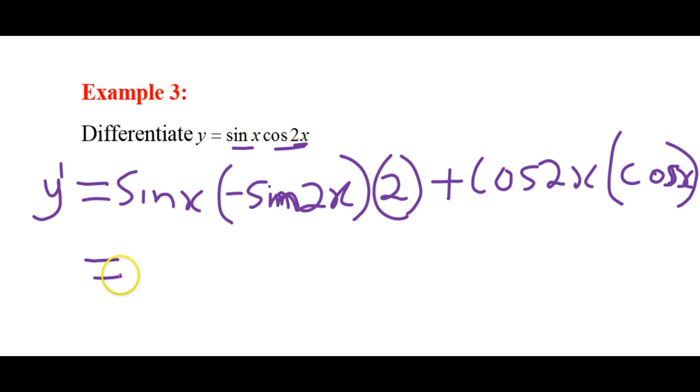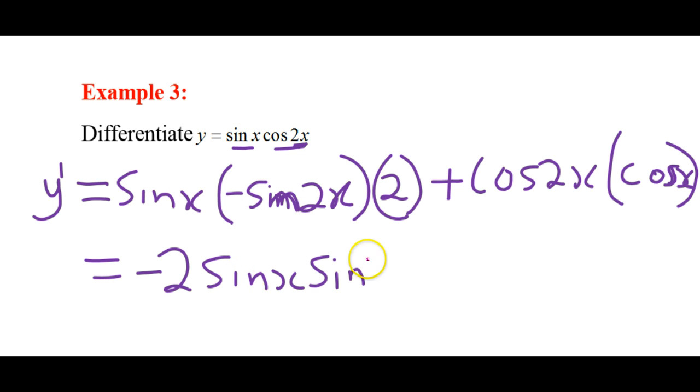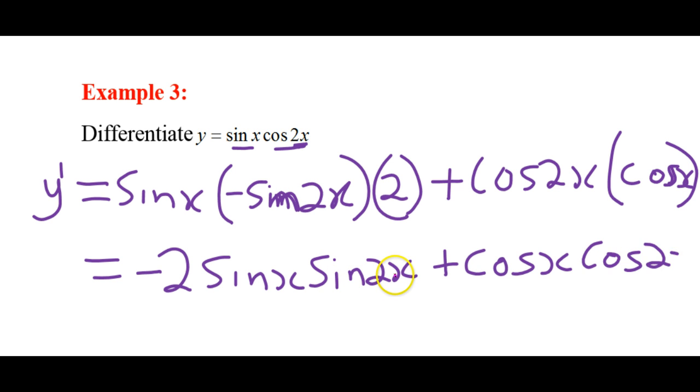And so when I rearrange this, I can write negative 2 sine x sine 2x plus cos x cos 2x. And so this is the result. And we can't add, we can't subtract.